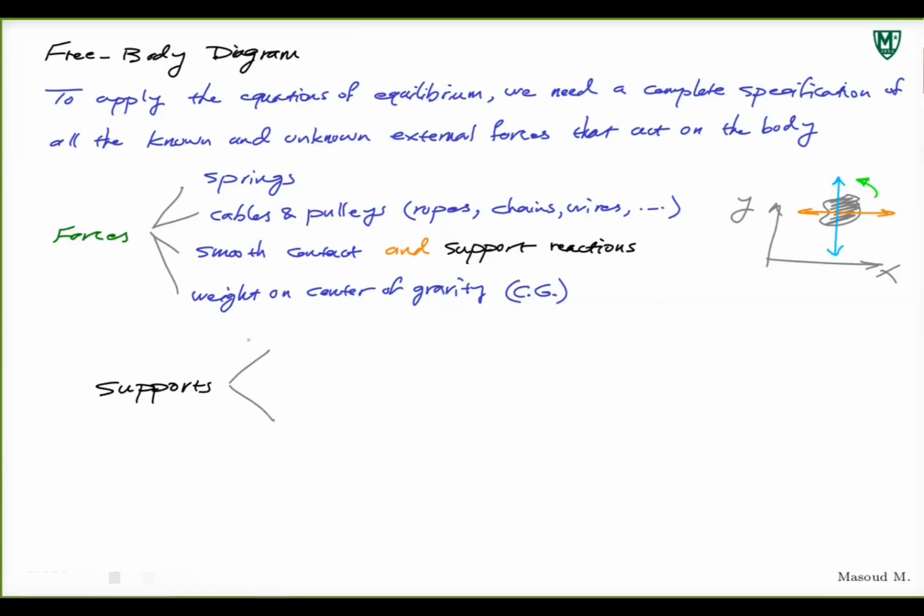This type prevents the translation of a body in a given direction. A given direction meaning that direction can be positive X, negative X, positive Y, or negative Y. That's the translation.